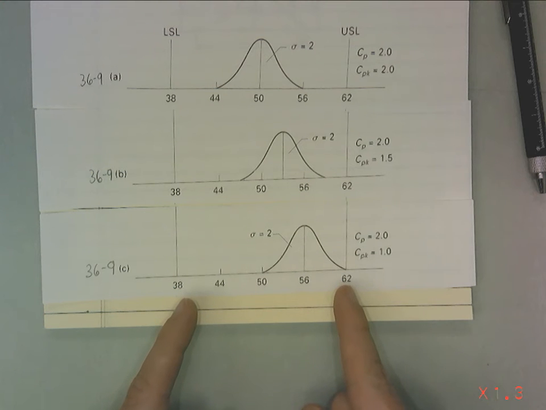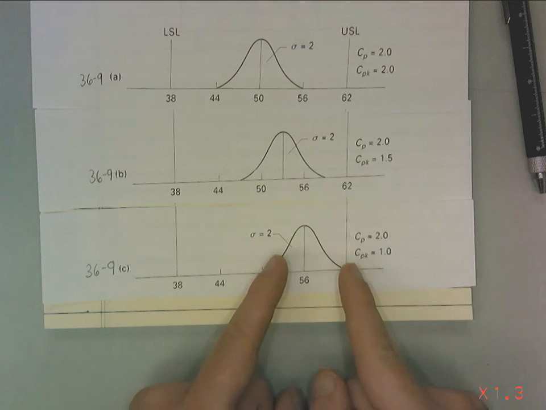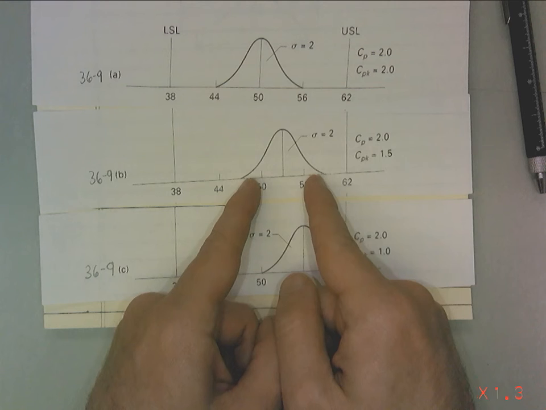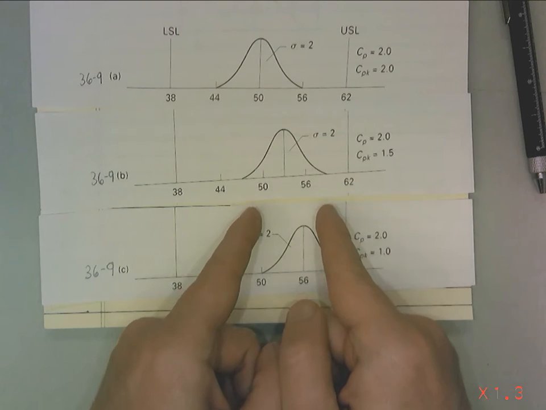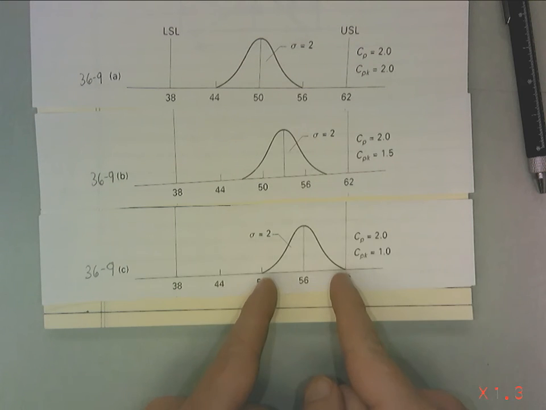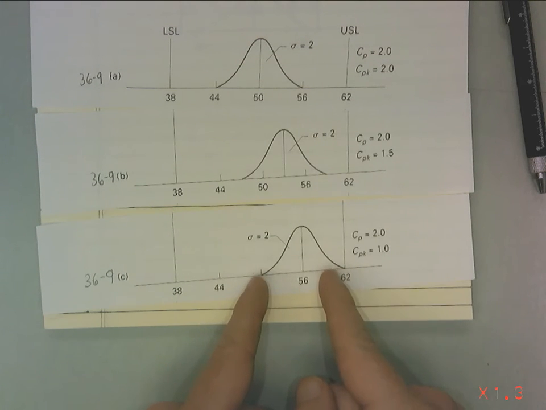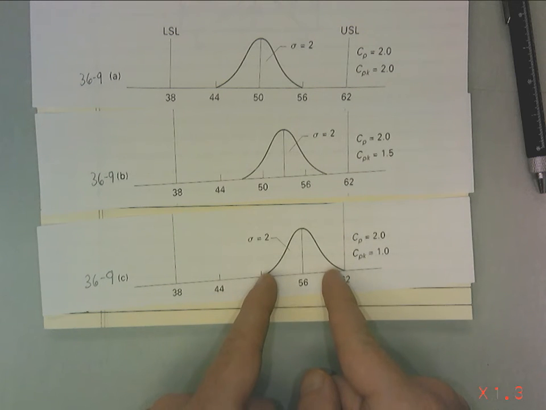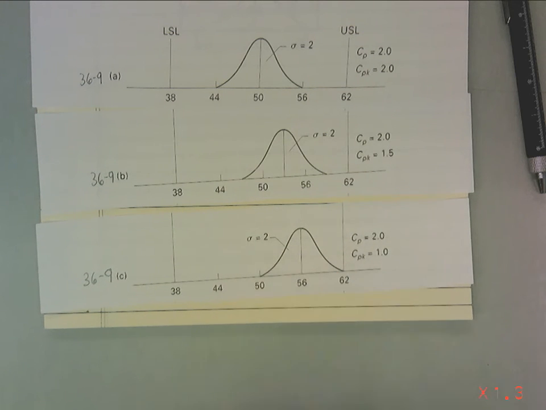Okay, so our standard deviation isn't changing, but our process is drifting, right? We're getting larger and larger parts. We're maintaining precision, but our accuracy is off.